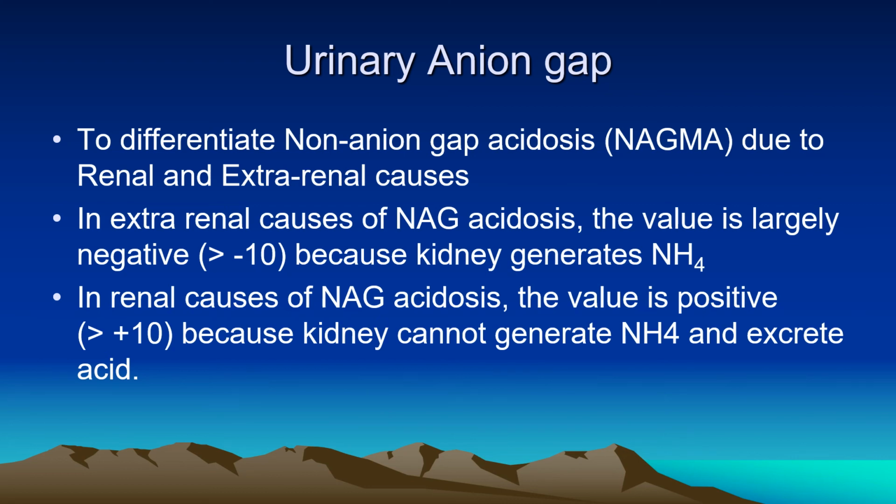Whereas in renal causes of non-anion gap acidosis, the value is positive because the kidney cannot generate ammonium, so it cannot excrete acid. So this is how, when there is a dilemma in differentiating non-anion gap metabolic acidosis with hyperchloremic response due to renal or extrarenal causes, urinary anion gap will be helpful.